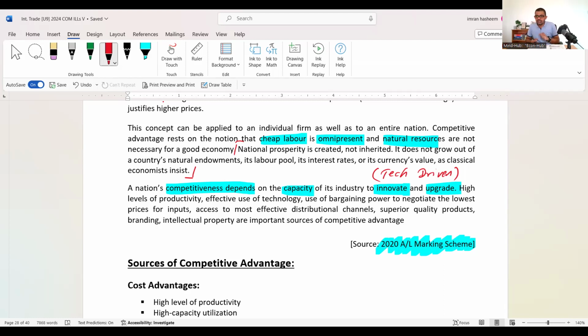We get influenced a lot and we follow. But countries that become very competitive are on the creating side, the innovative side, upgrading, research and development. We are more on the consumption of the content.